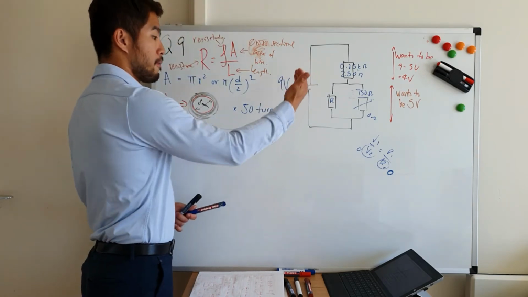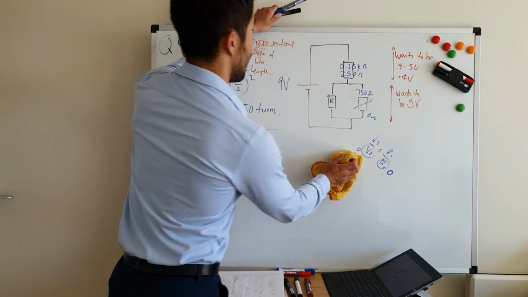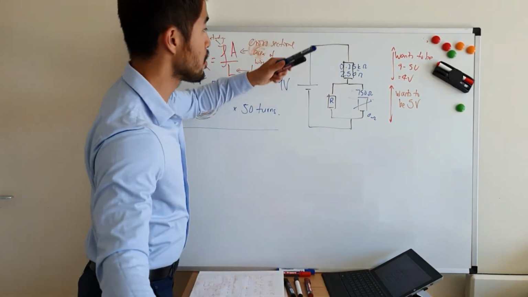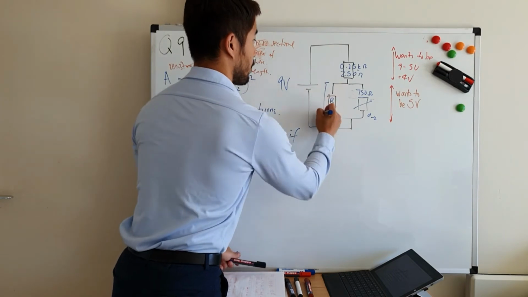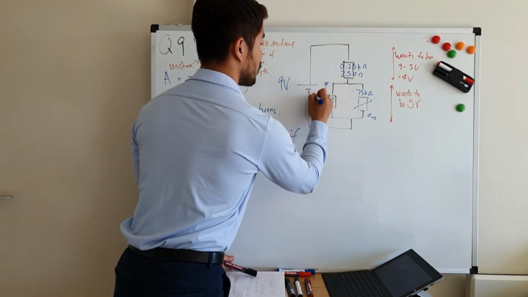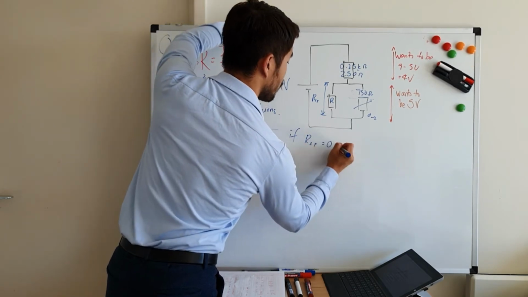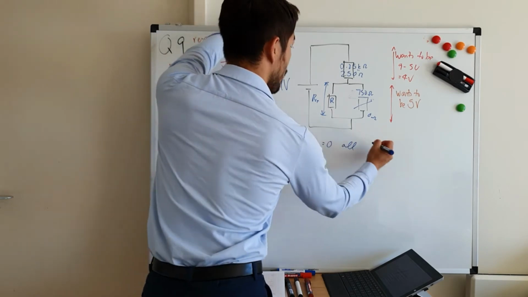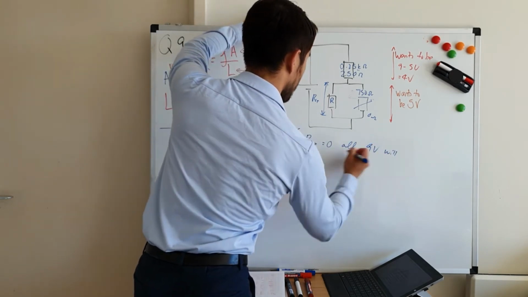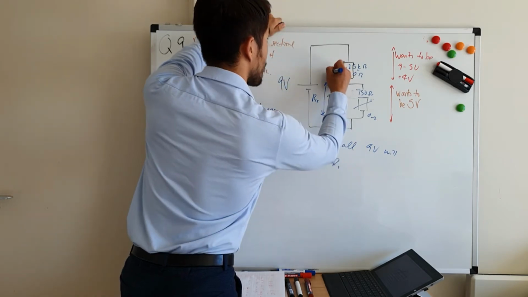So there's an answer in terms of maximum. I'll do this with you as well. If R2 total equals 0, all 9 volts will go to R1, which is this one.